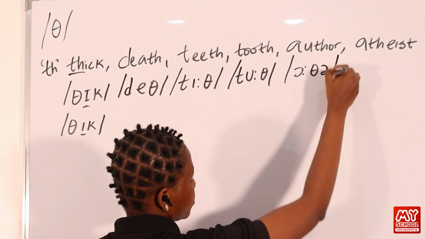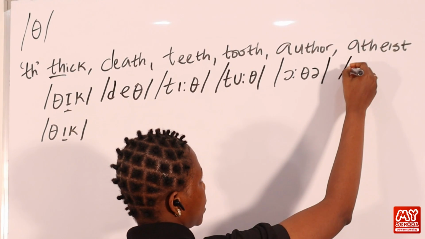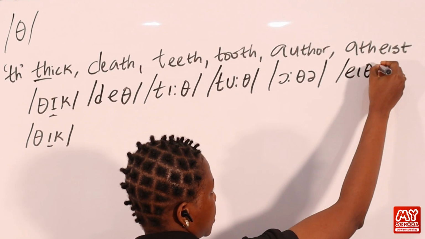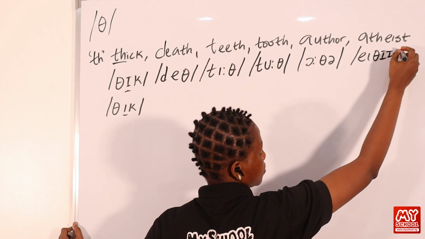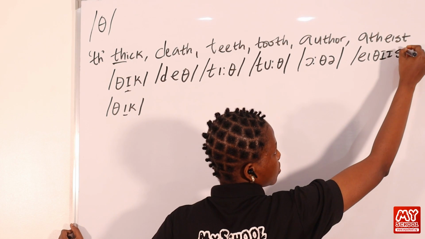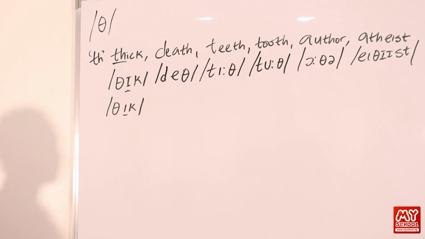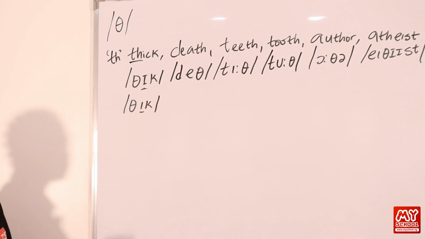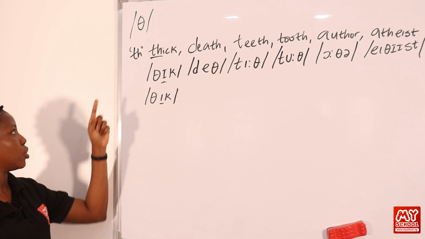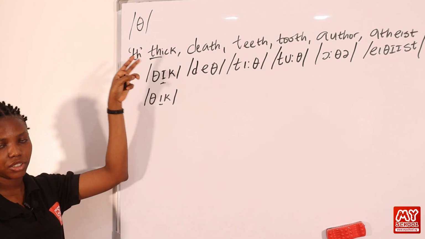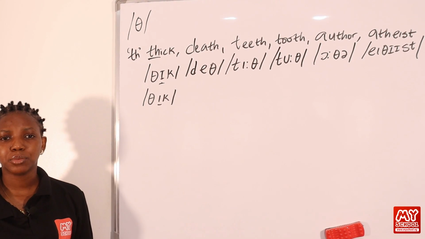Author. And we have it in the word atheist. Okay, so these are the transcriptions for these words. So we identify this sound with the letter TH. Okay, so let's move to the next sound.